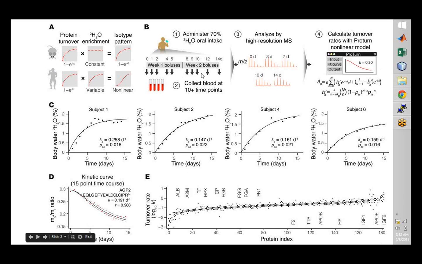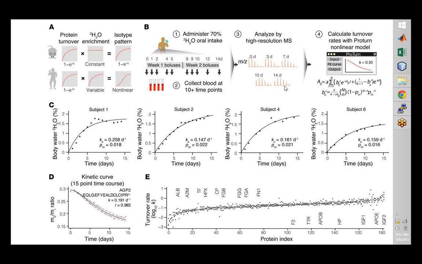and blood samples are taken at the different time points, and they're analyzed by a mass spectrometer. As you can see, further down the experiment in later days, the peaks start to shift to the right as more and more heavy water is incorporated into the organism's proteins.